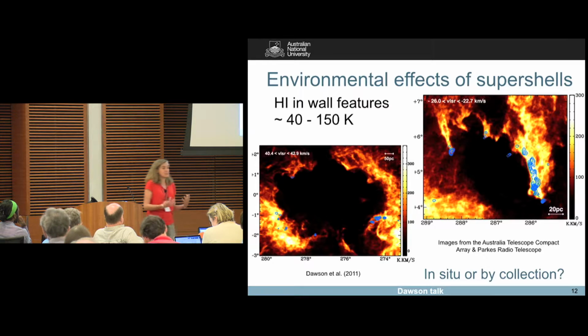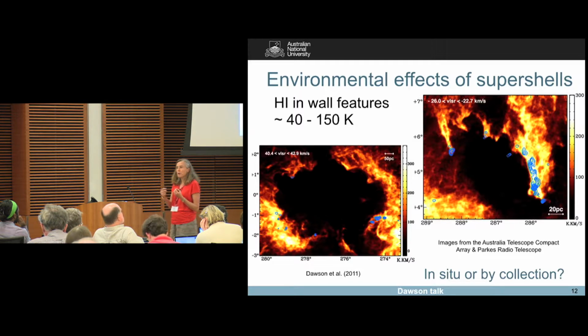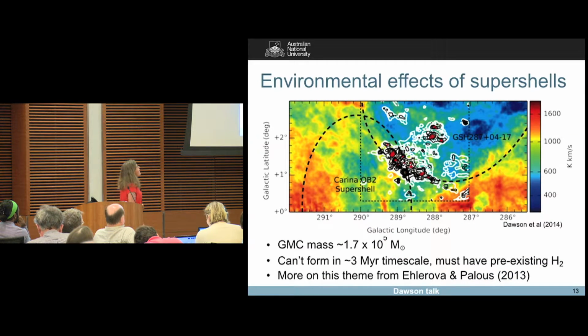The big question is, do the supershells actually form molecular clouds in situ along their edges, or are they actually just collected from little parcels of molecular gas which get gathered up into bigger clumps so that we can see them along the edges of the shells? I'll leave it to Joe to answer that question.